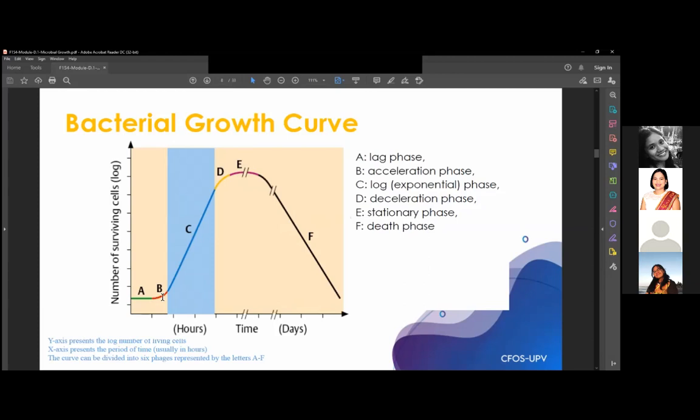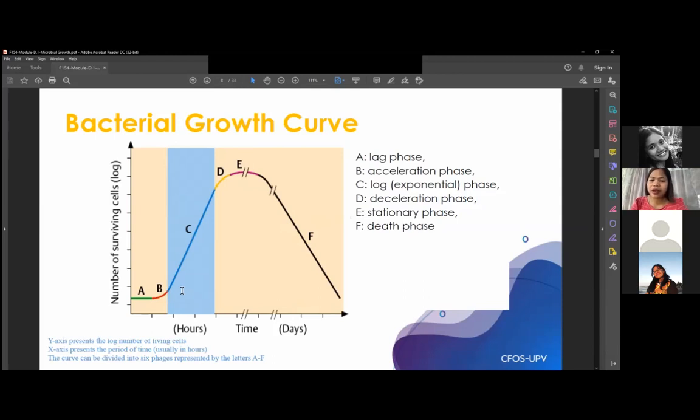Hindi pa sila nag-increase in number kasi for them to divide, dapat healthy din sila, no? Maganda din yung health status nila. So at that stage, ang bacteria, nag-gain pa lang ng nutrients. So there is some sort of increase in mass and volume ng bacteria.